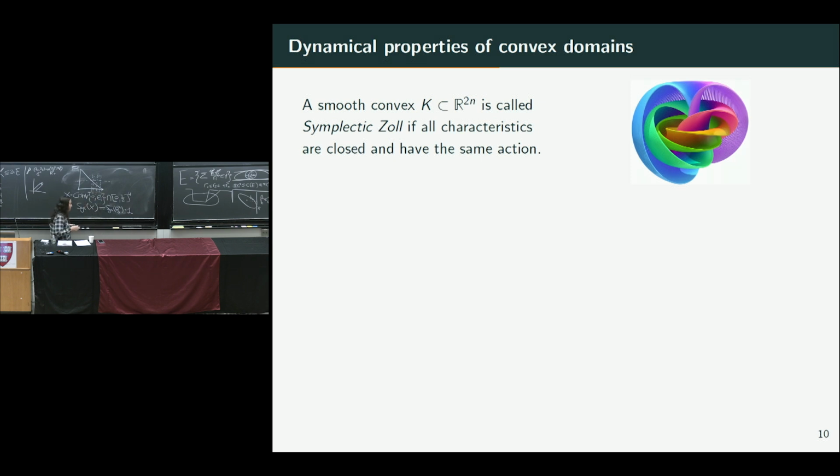And I'm claiming that if I have a maximizer of the systolic ratio, which is smooth and strictly convex, it must be Zoll. So it must satisfy this condition.